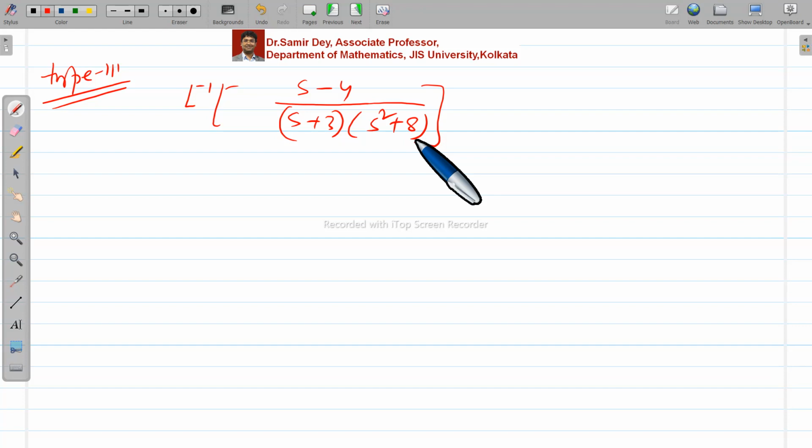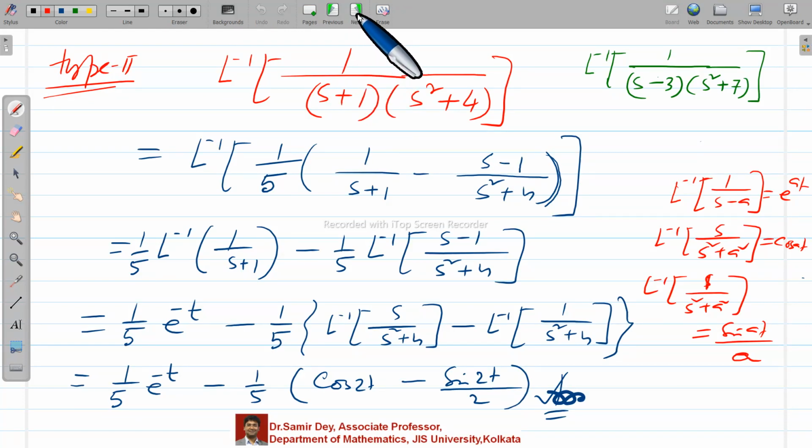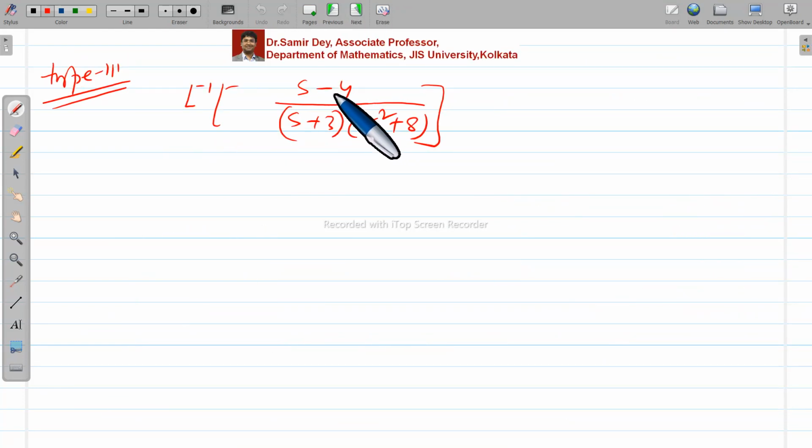So this is your question. Clear? It's very easy. If you can see the previous process, there you have a 1; here you have some extra factor. Now first our target is to dissolve it.